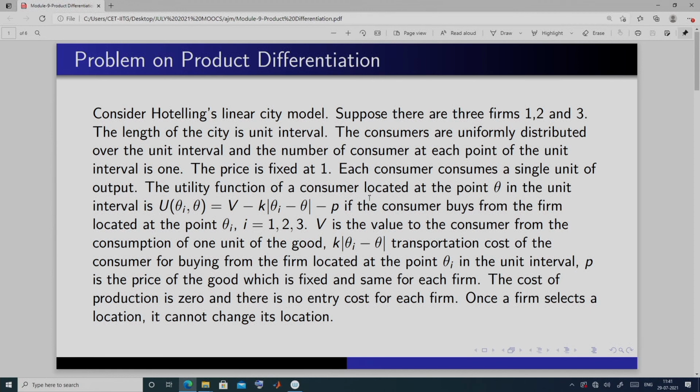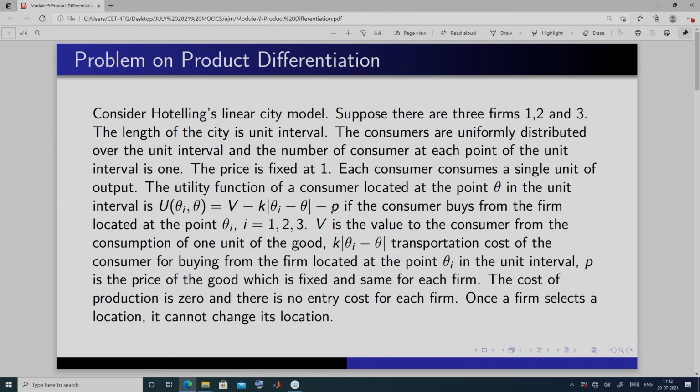The utility function of a consumer located at the point theta in the unit interval is this: V is the value the consumer gets from the consumption of that good, and this is the disutility from traveling some distance to buy that product, and this is the price. Price is 1.